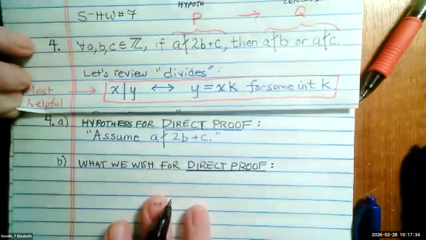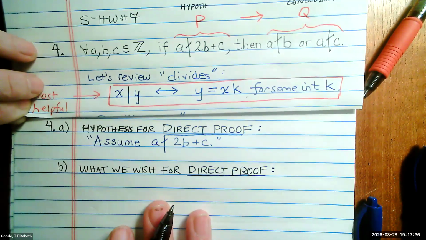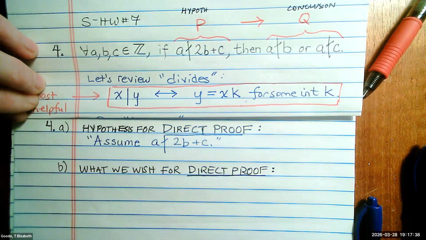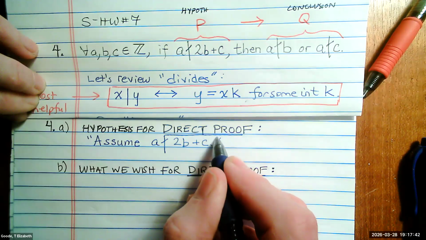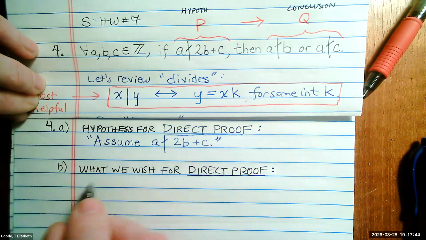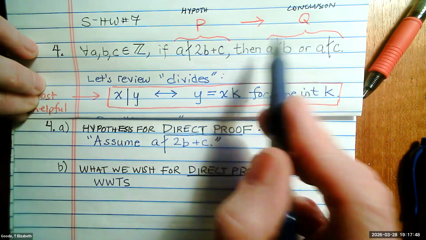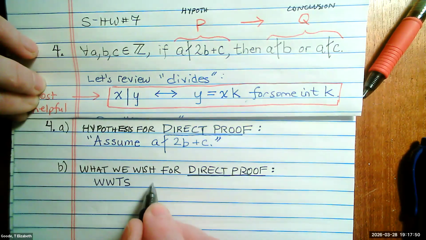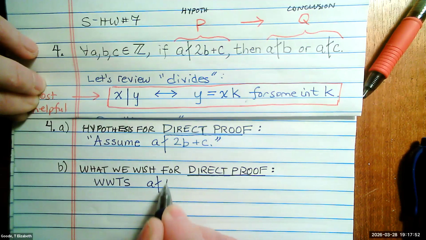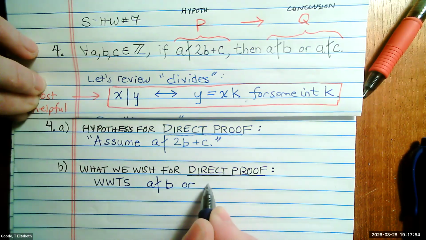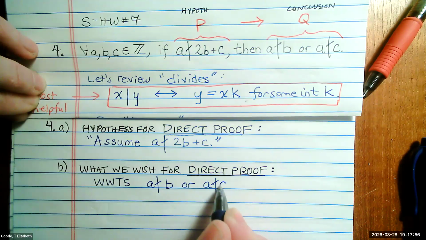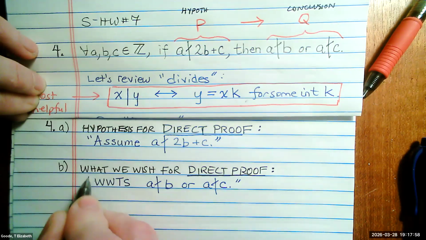So we always assume the hypothesis when we're writing a direct proof of an if then, and we always wish to show the conclusion follows. So we wish to show this conclusion that A does not divide B or A does not divide C. Does that make sense? Yes.